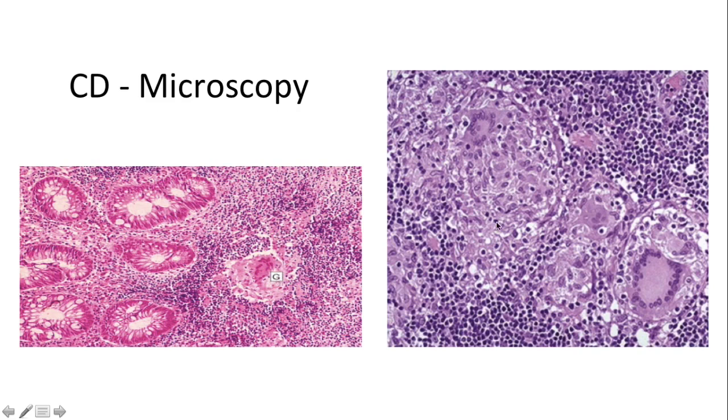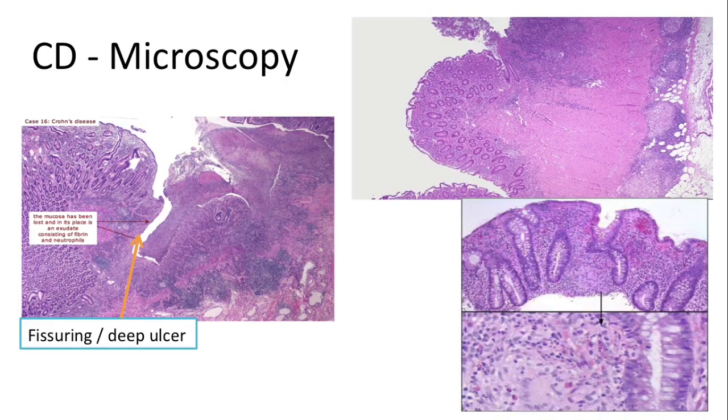And in this image here, this is a high magnification of the granuloma. So if you recall, the definition of granuloma is you have aggregates of epithelioid histiocytes, which are these cells with abundant eosinophilic cytoplasm, and mixed with Langhans-type giant cells. So these are your giant cells, and with a rim of lymphocytes as well. There is typically no necrosis associated with these granulomata.